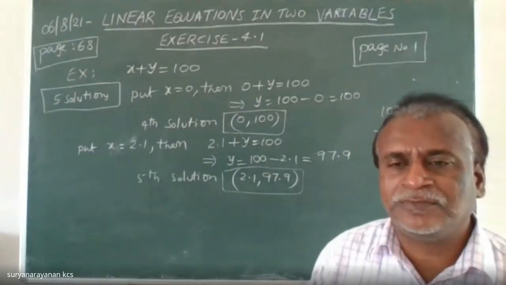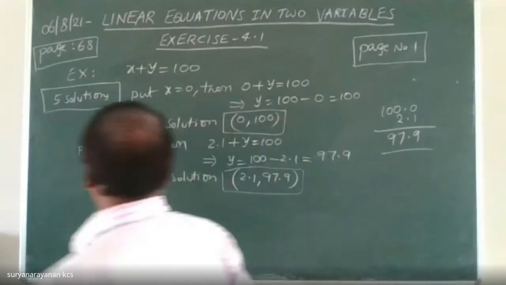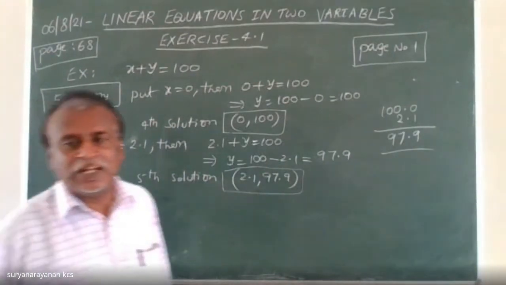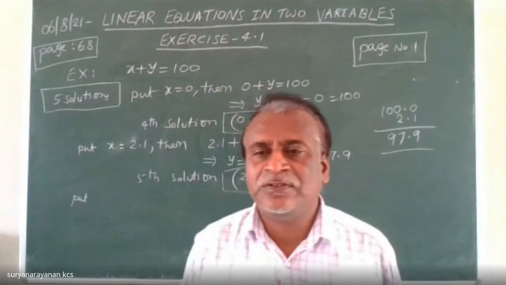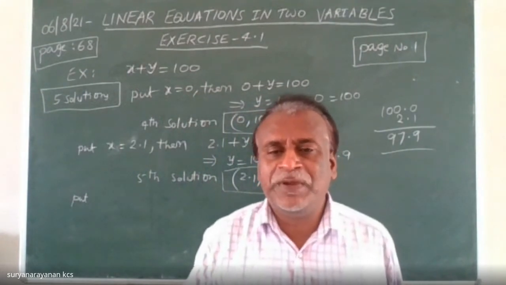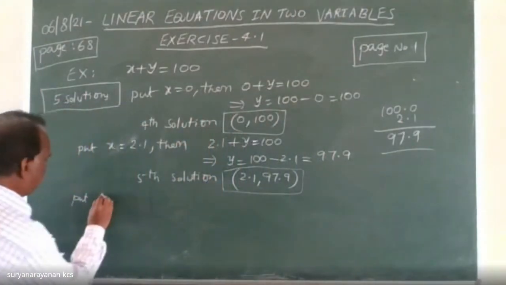Sir, can you do one solution with root, sir? Yes, I will take one. Tell me, for x or for y? Sir, y, sir. Okay, y is equal to, tell me what is the value?